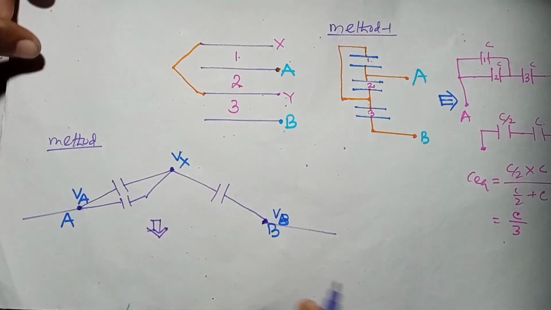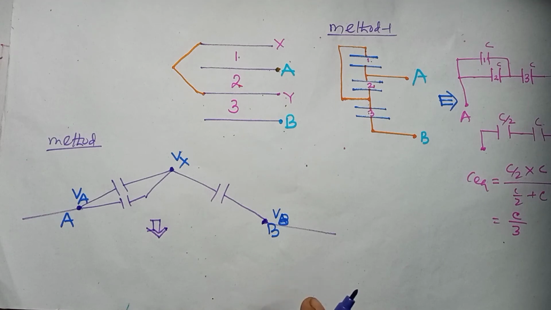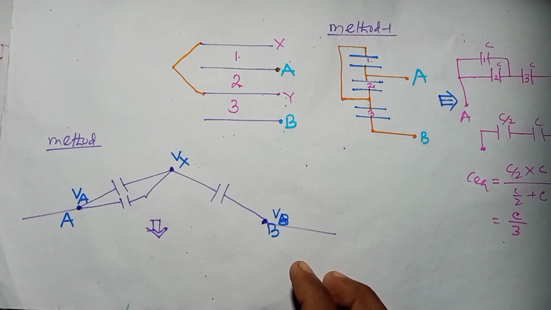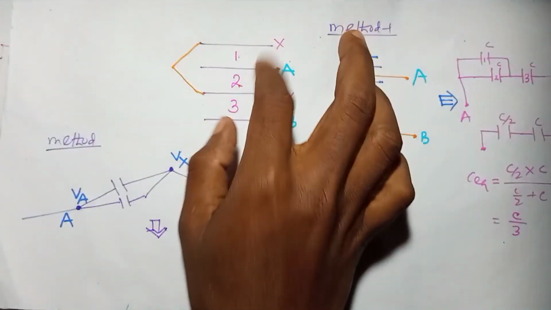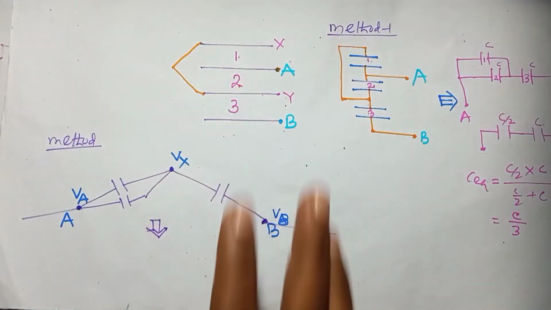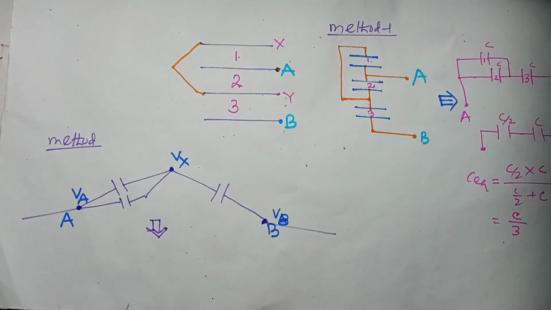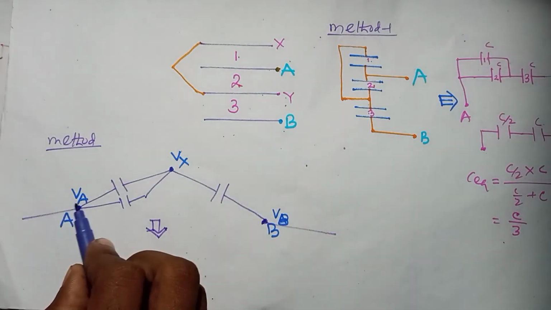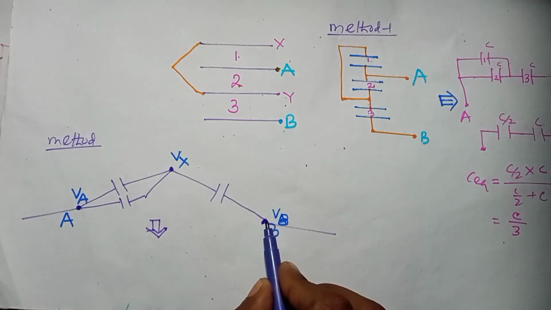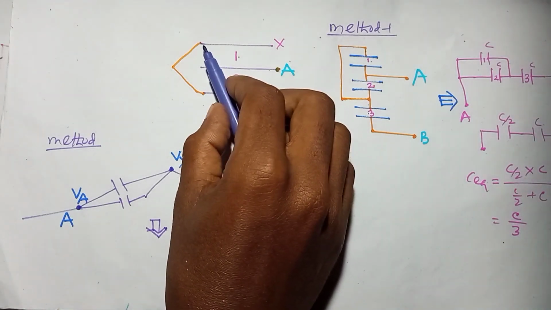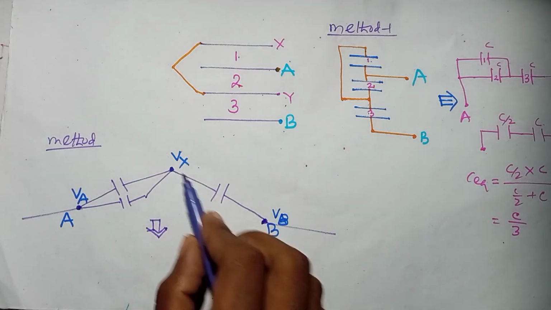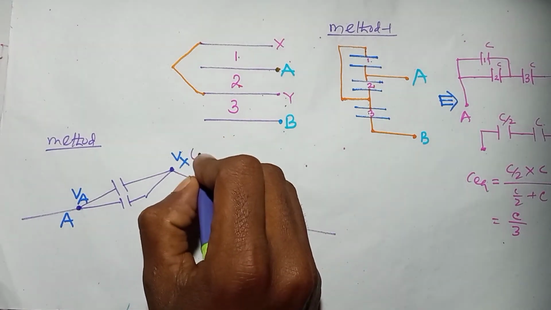This is the method number 2. What we have to do in method number 2: first of all, identify the capacitors, and a capacitor is formed between adjacent plates. You have to give names to the different plates, and we have to show different potentials. The plates which are connected by a conducting wire are at the same potential, so Vx is also Vy.